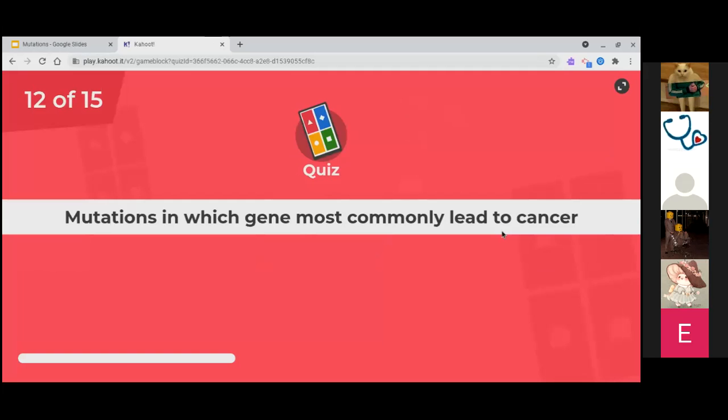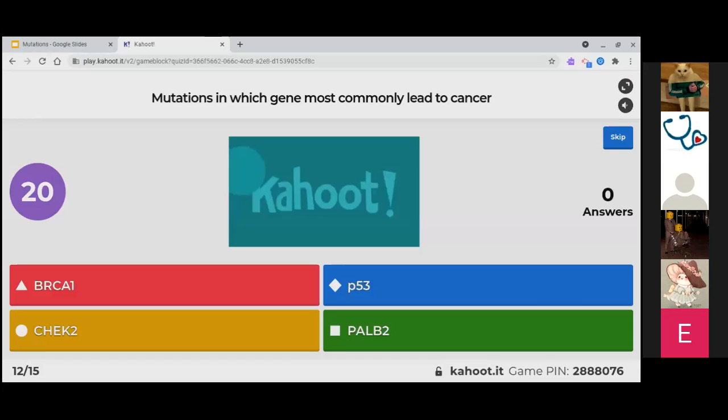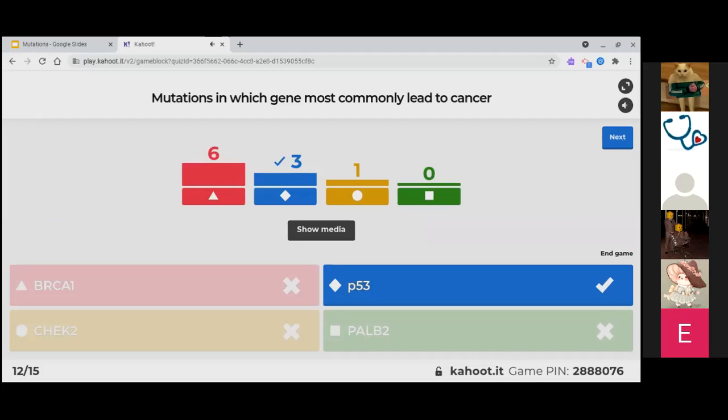Okay, the next question: mutations in which gene most commonly lead to cancer? You have the BRCA1 gene, CHEK2, P53, and then PALB2. Okay, so the correct answer is P53.